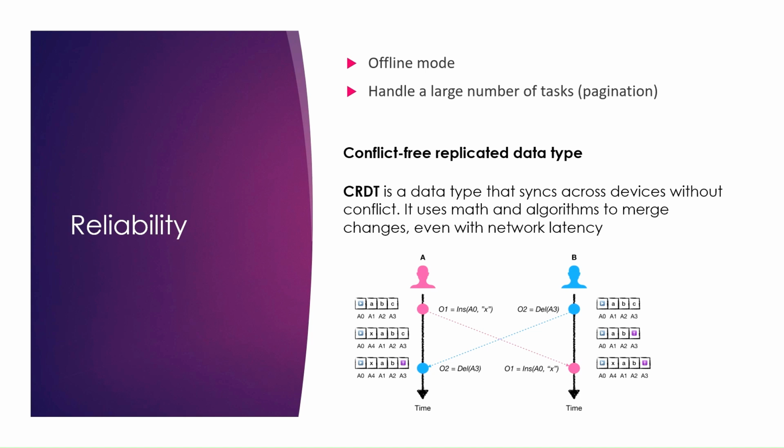In simple terms, it's a way of designing data structures that can be replicated across multiple devices without conflicts, even when there is no consistent network connection. It allows users to work on the same data simultaneously without overwriting each other's changes.